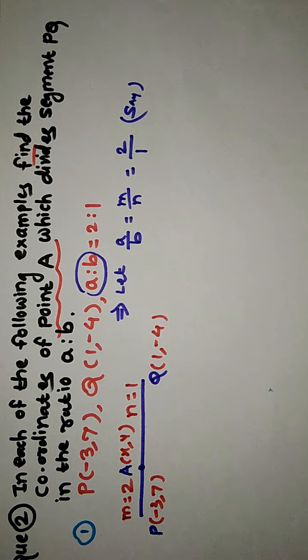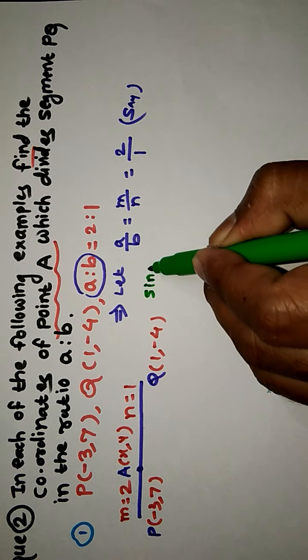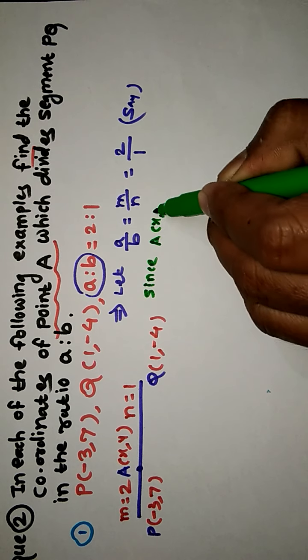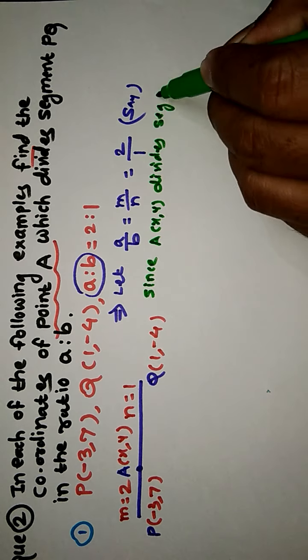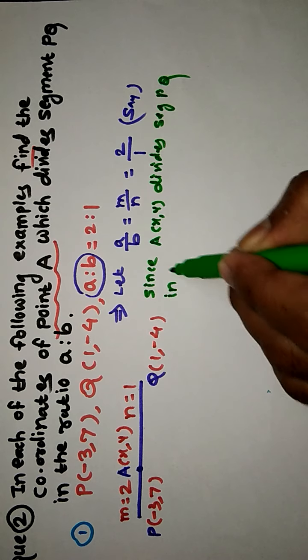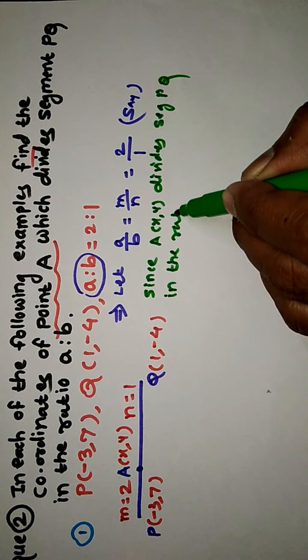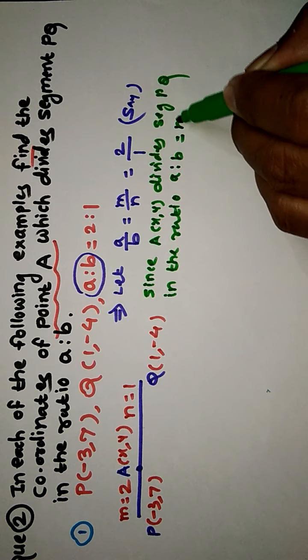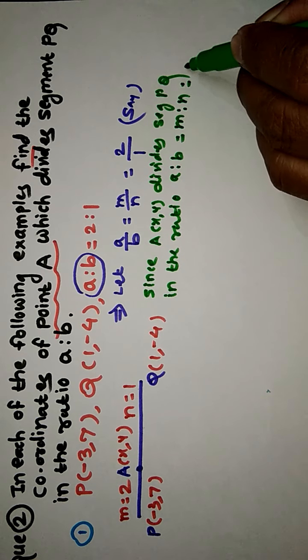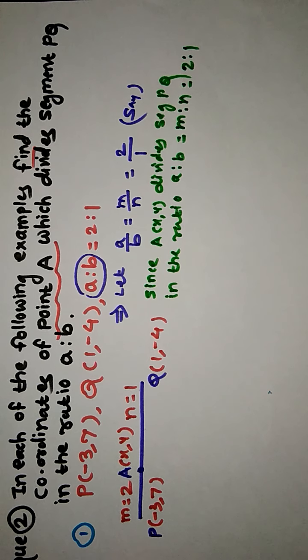In the same manner, we write down here, since A(x, y) divides segment PQ in the ratio a to b, which is m to n, is equal to 2 to 1.